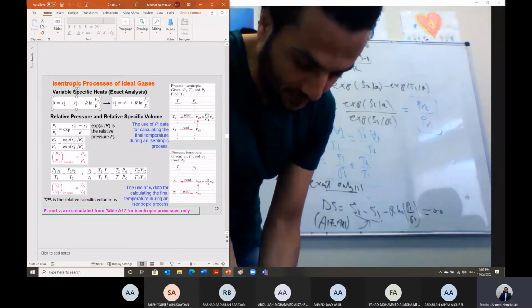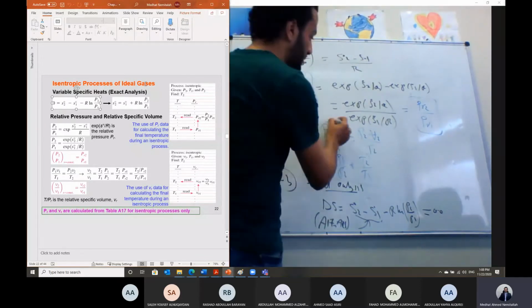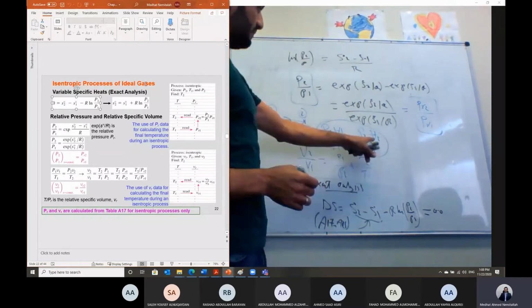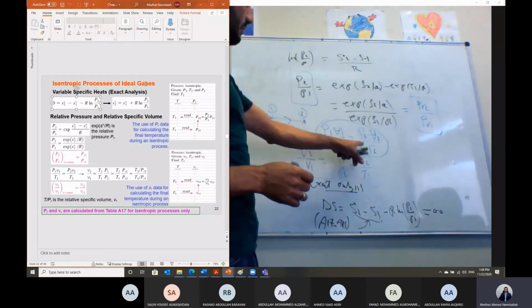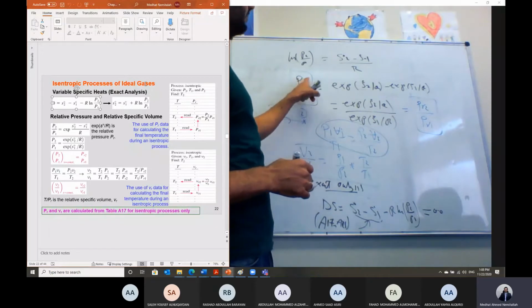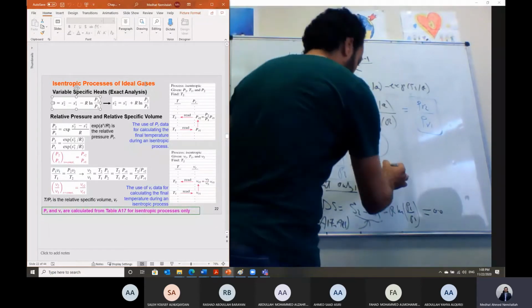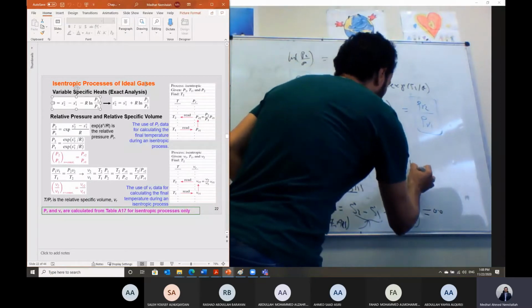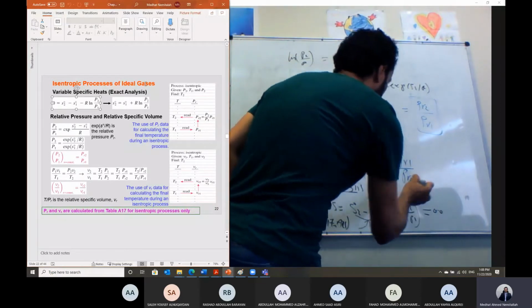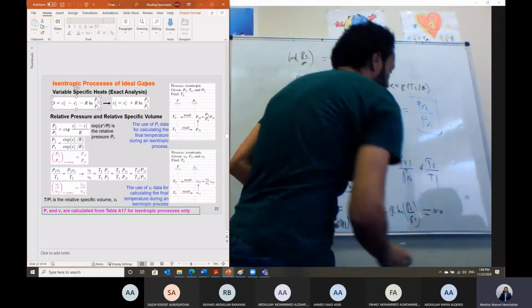Is that clear, guys? So based on this equation, V2 over V1 will equal P1 over P2 multiplied by T2 over T1. But P1 over P2 is the same as P relative 1 divided by P relative 2. So V2 over V1 will equal P relative 1 divided by P relative 2 multiplied by T2 over T1.